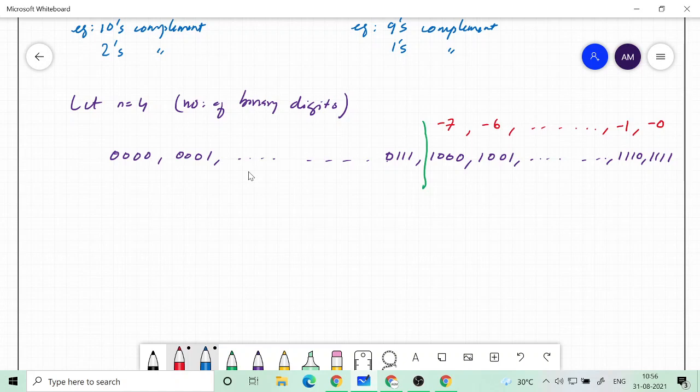So this is the 1's complement representation. Okay, so 1 0 0 0 is basically the 1's complement representation, representing minus 7. And 1 1 1 1, that is representing minus 0. So this is basically the 1's complement representation.